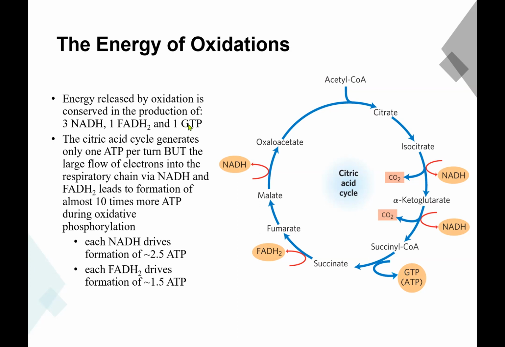So this is important because we know that these reduced electron carriers can lead to the formation of a lot of ATP, and we need to look at the ratio. Each NADH, by donating its electrons to the electron transport chain, drives the formation of 2.5 ATP, and each FADH2 drives the formation of 1.5 ATP.